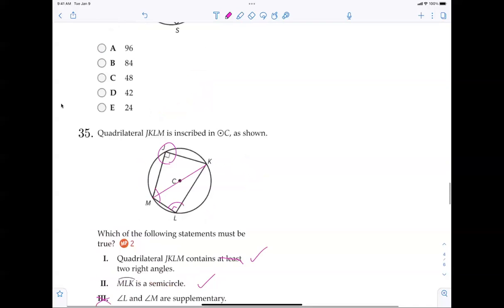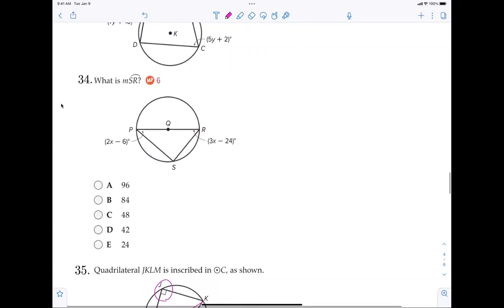All right, let's try 34. Let's see if that's harder. All right, let's go figure it out real quick, and hopefully we'll all agree on this answer. Oh, good, Nate. I got C. I got a C so far.